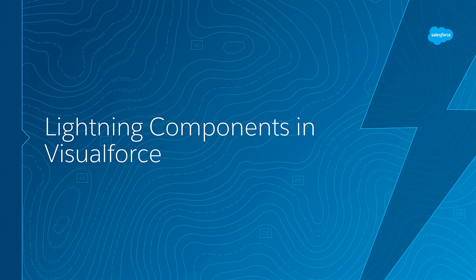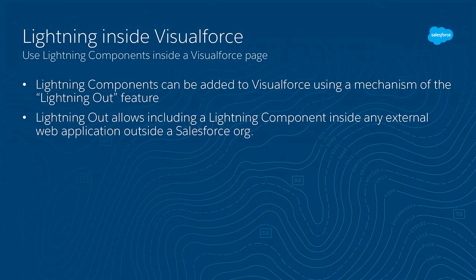You can include Lightning components inside Visualforce using the Lightning Out feature. Anybody heard of Lightning Out? Yeah? So we're using the same mechanism. Actually, it's the same feature that we're using to let Lightning components be a part of, or be inside, a Visualforce page. Right? So it involves 3 steps to do that.